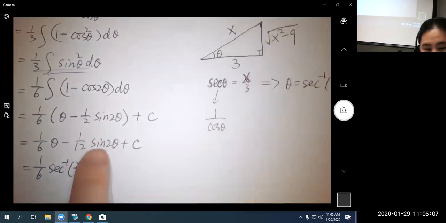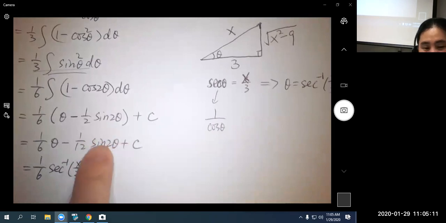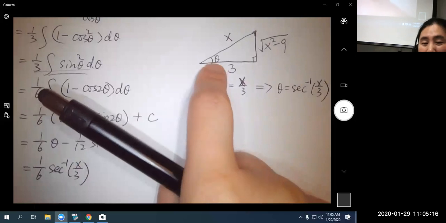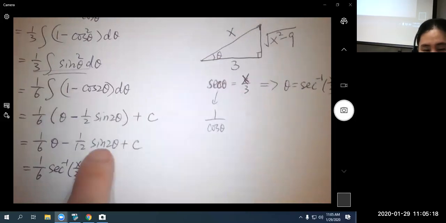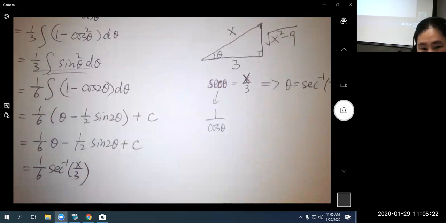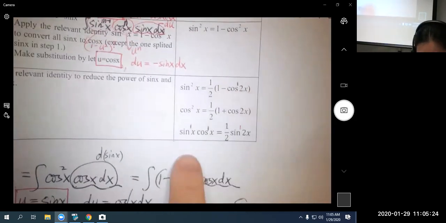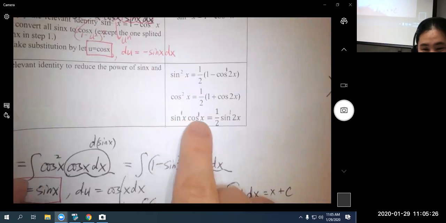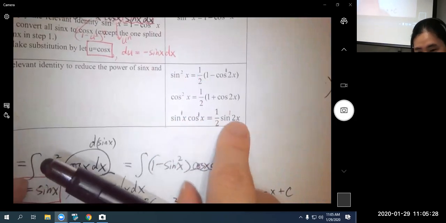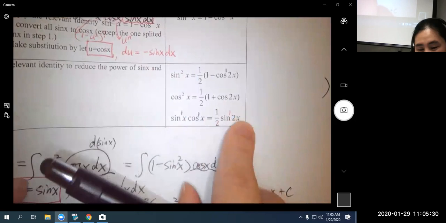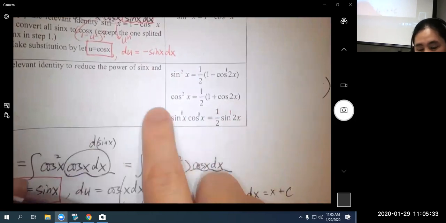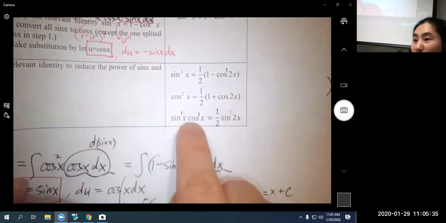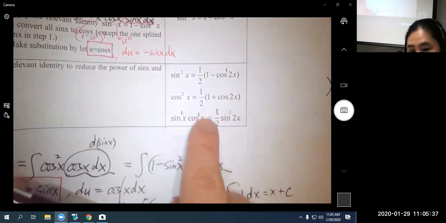Now, we talk about sin of 2 theta. This is just one sin of 1 theta. So for sin of 2 theta, what should we do? If sin theta times cosine theta equals 1/2 sin of 2 theta, then sin of 2 theta must equal double of sin times cosine, multiplying by 2 on both sides.